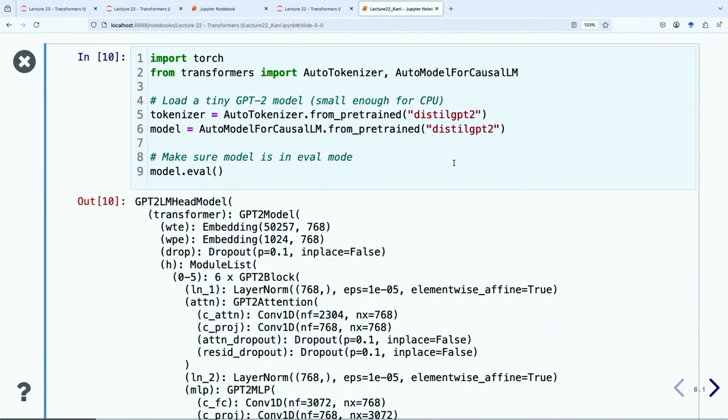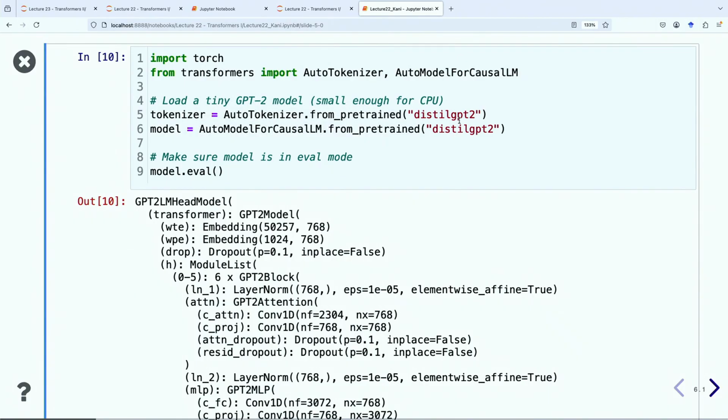So all I'm doing here is loading a pre-trained model, and in this case, a very tiny, not super smart pre-trained model. This is still GPT-2 because I want it to work on a CPU. I don't have a GPU on that laptop.